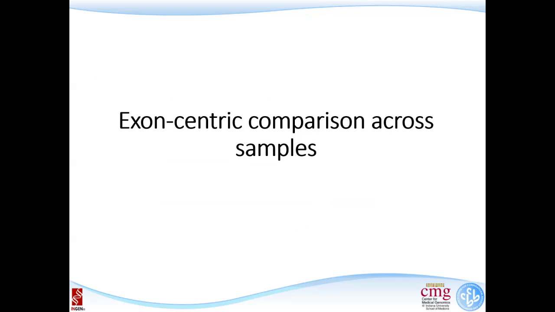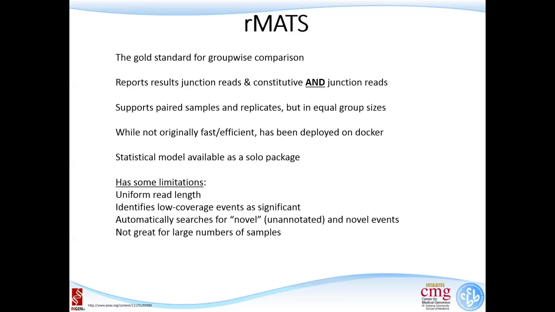So if we wanted to compare individual events across samples, the best tool currently is this tool called RMATS. So this uses the same statistical model in a sense that MISO does, in that it normalizes the number of reads that we get based on the length of a particular event.